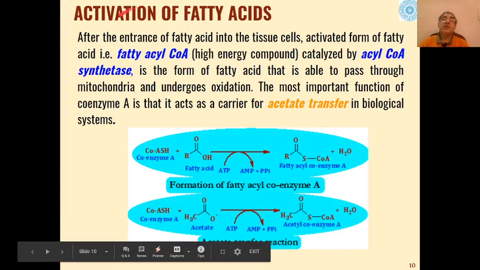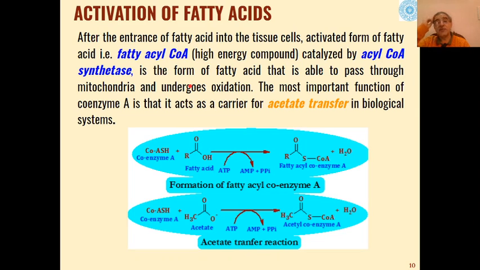Then similarly, activation of different types of fatty acid can take place, and we will get fatty acyl coenzyme A, which is a high energy compound from coenzyme A, and this reaction is catalyzed by acyl coenzyme A synthetase. So basically what happens is that coenzyme A, in presence of this enzyme acyl coenzyme A synthetase, will react with the fatty acid in presence of ATP, and ATP will be converted into AMP and diphosphate, and energy will be released.